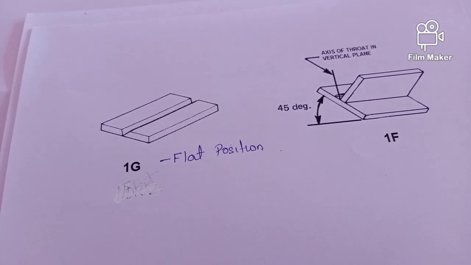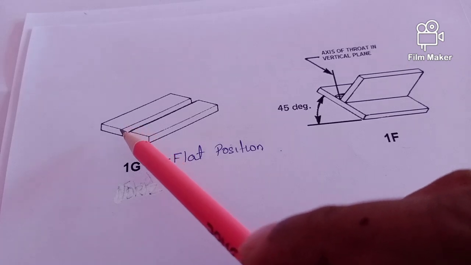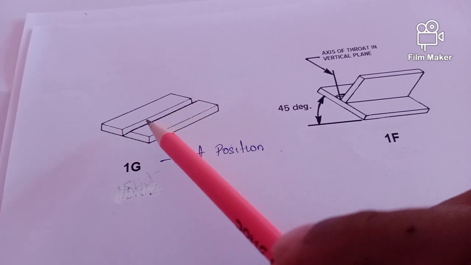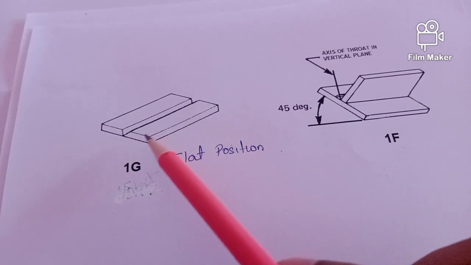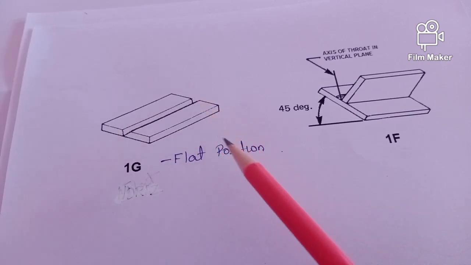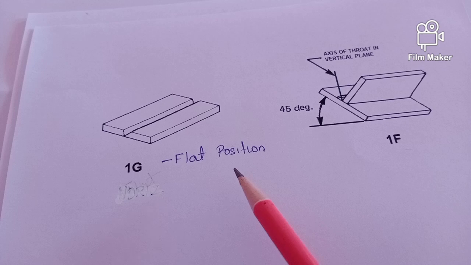The weld will be made on the groove by moving the electrode in horizontal position. Here the axis of the plate is horizontal and the weld axis is also horizontal. So this is known as 1G position.